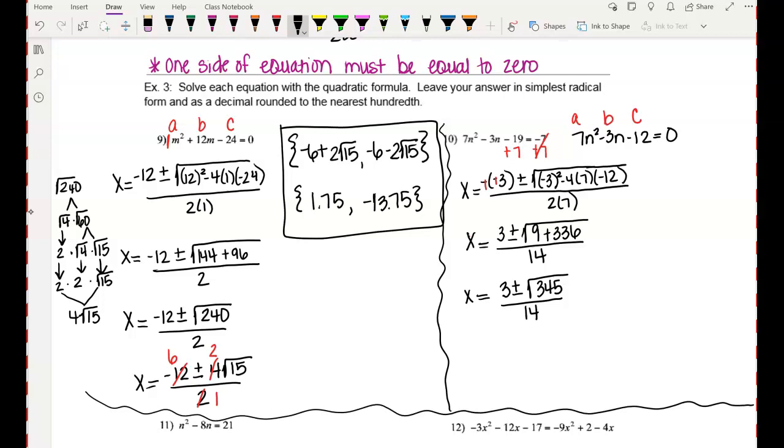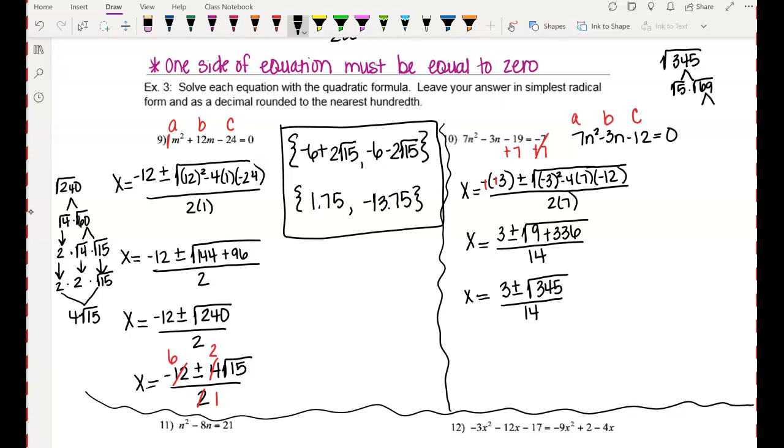Being that it ends in 5, I know that 345 obviously is divisible by 5. So the square root of 345 is the square root of 5 times the square root of 69. Well, 69 only has a couple ways. It has 1 times 69, and 3 times 23.